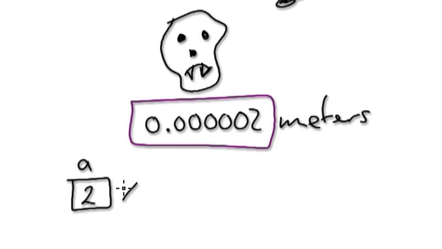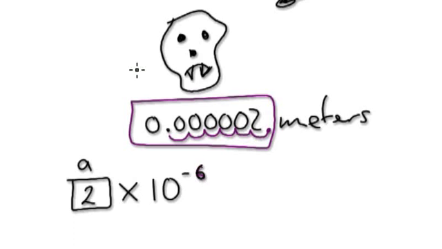So 2 times 10 to the power of minus, bear with me on this. So here, 1, 2, 3, 4, 5, 6. So this will be times 10 to the power of minus 6.